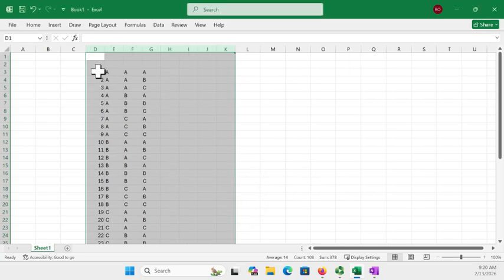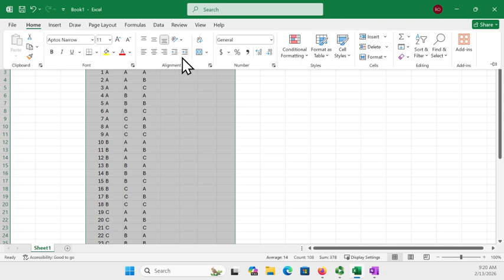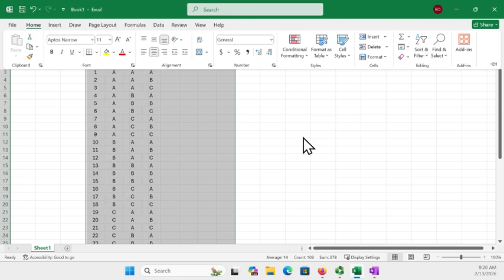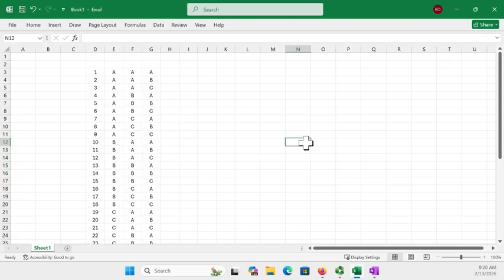And I'm also going to make all of these centered, just because it's easier to look at. All right, so I've got A, B, and C, all possible combinations. Order matters, and I can repeat.